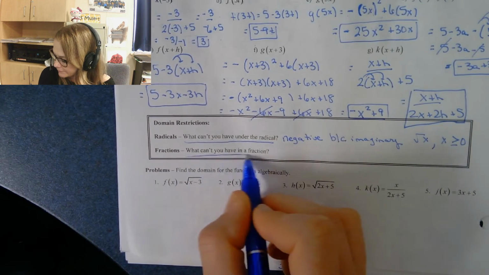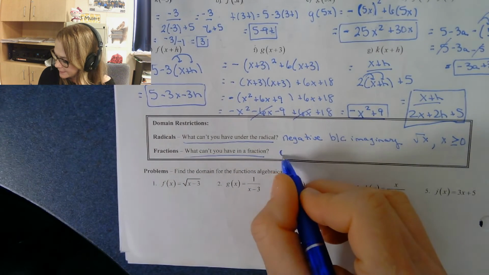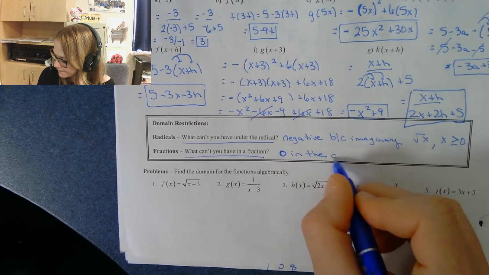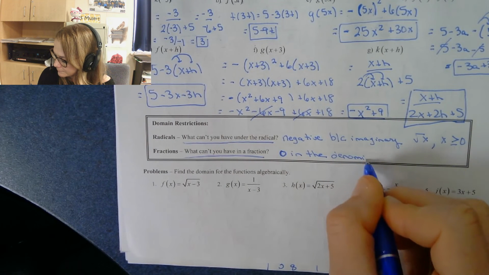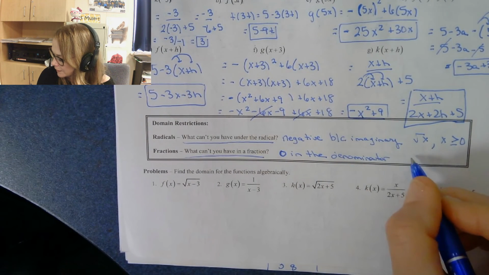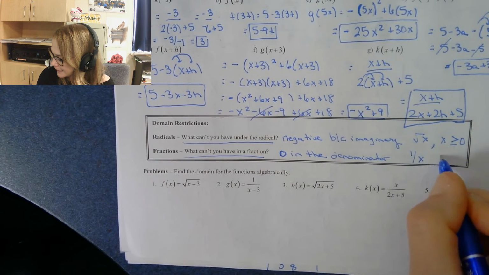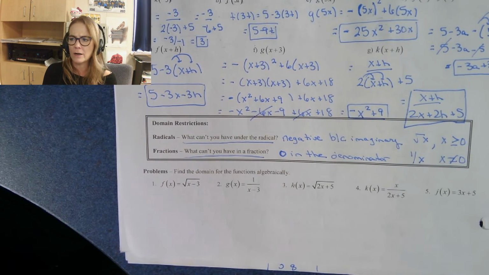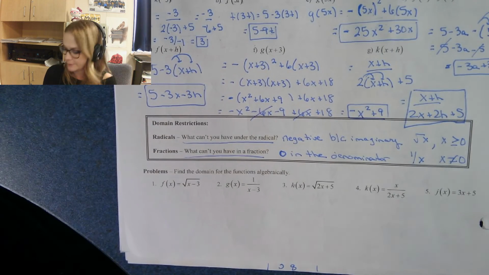And what can't you have in a fraction? A 0, sorry, not a negative, a 0 in the denominator. So if you have 1 over x, x cannot be 0. Those are your domain restrictions. And we talk about that a lot in class, so hopefully this is pretty straightforward.